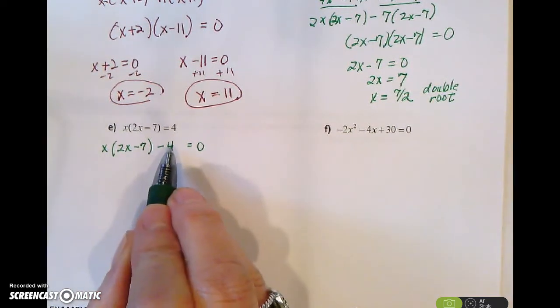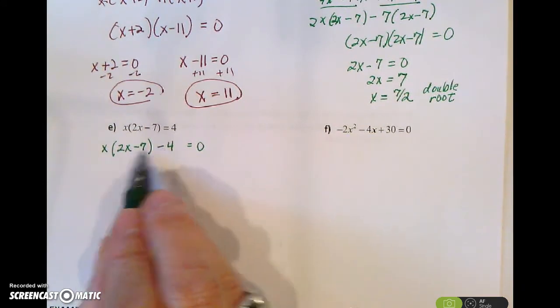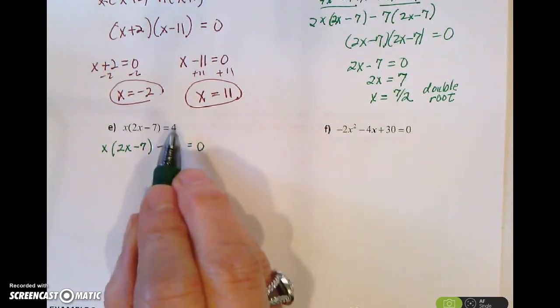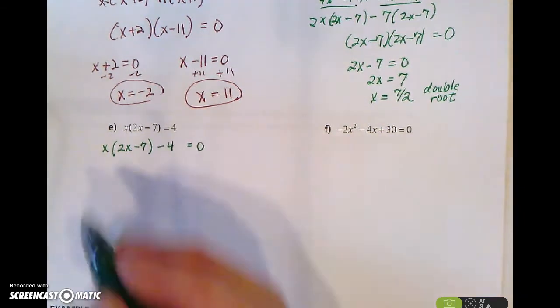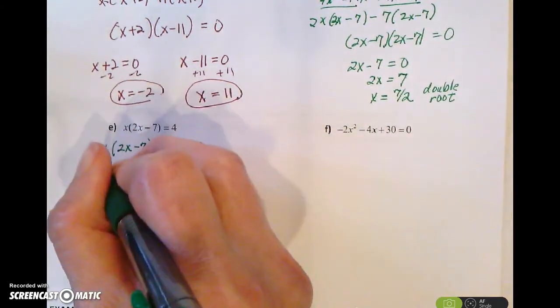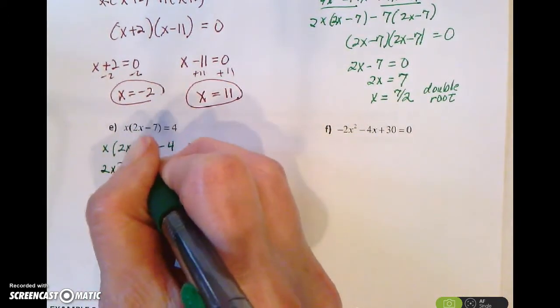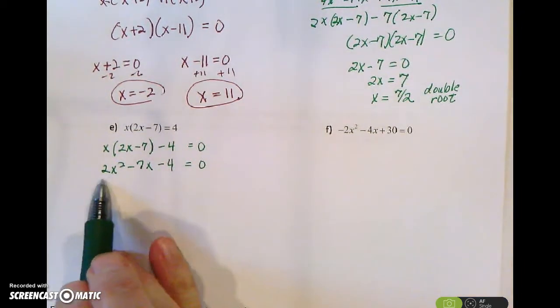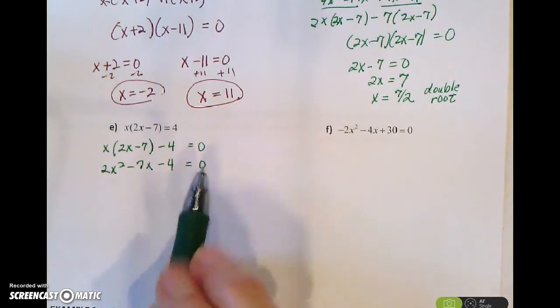It's also not factored because it's not all multiplication. I've got that subtraction. This doesn't work up here because this isn't a 0 either, so I need a 0. So I'm going to distribute to get rid of my parentheses: 2x squared minus 7x minus 4 is equal to 0. Now I have standard form and equal to 0.